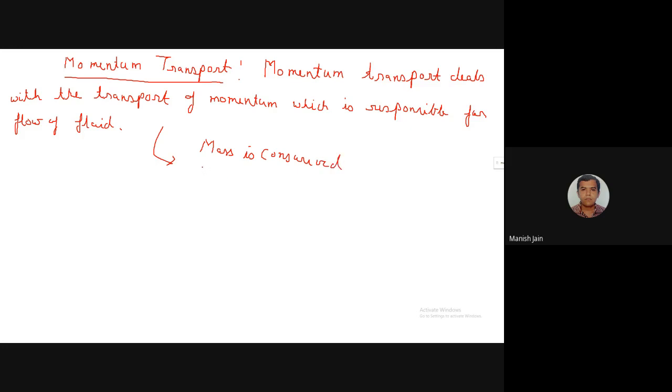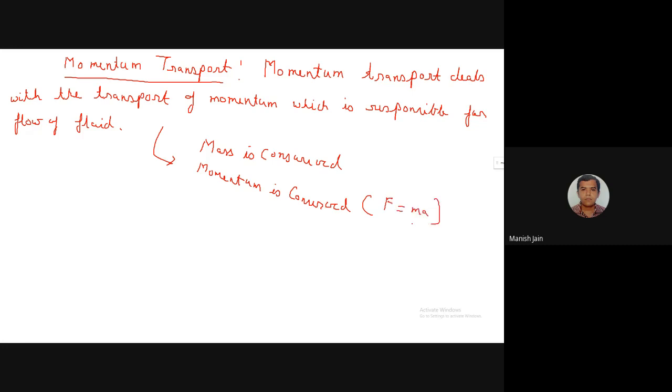Second law, momentum is conserved. That is the same in fluid mechanics; in fluid mechanics also we will use that momentum is conserved. When you write momentum is conserved in solid mechanics, you get F equal to ma.